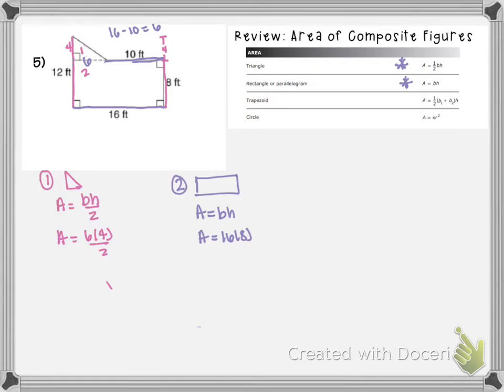Okay, so here are my two setups. For my triangle, my base is 6 right here, and my height is 4, so 6 times 4, and then divided by 2. For my rectangle, I'm doing base times height. My base is 16, and my height is 8, plugging into this formula right here.